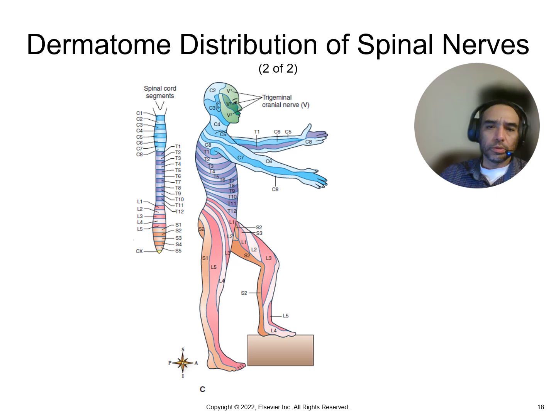We've got the thoracic dermatomes that go from T1 to T12. The lumbar dermatomes go from L1 to L5, and the sacral dermatomes go from S1 to S5. They're broken down a little further.